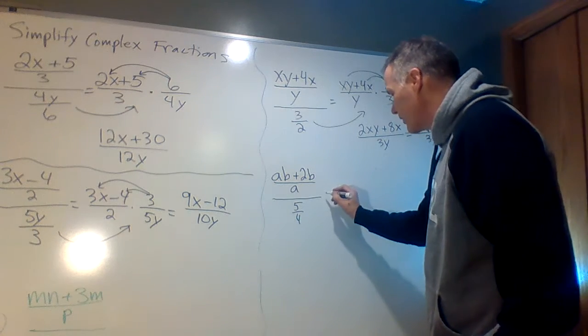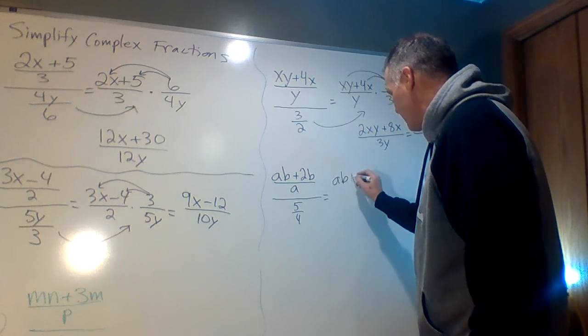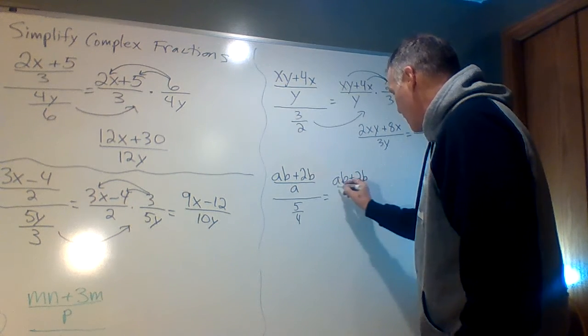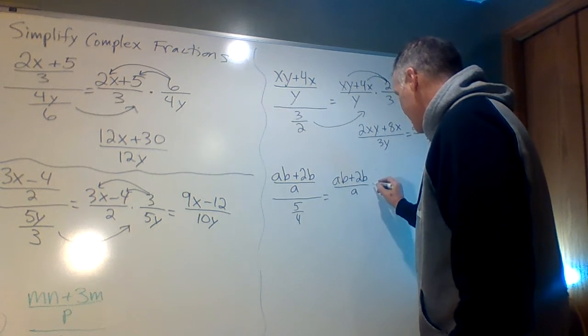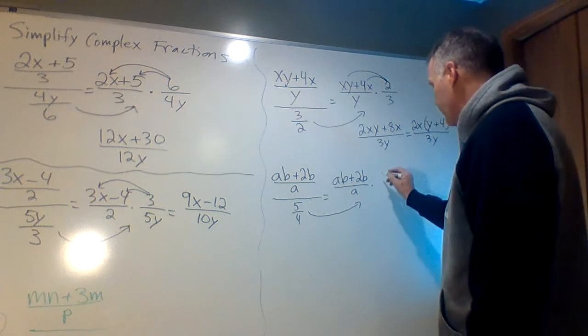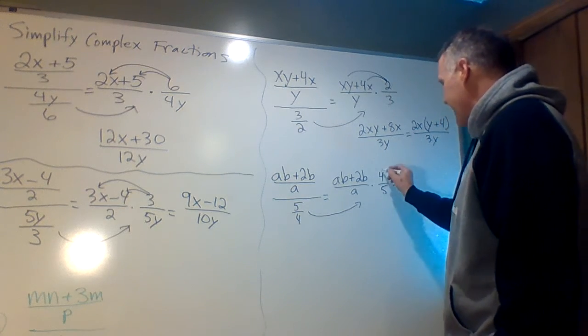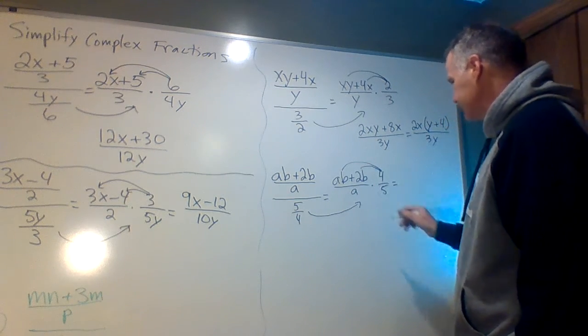Okay, let's do one more and then we're done. So again, AB plus 2B over A times, again, the bottom comes in reciprocals, so 5 over 4 becomes 4 over 5. Again, remember that has to distribute.